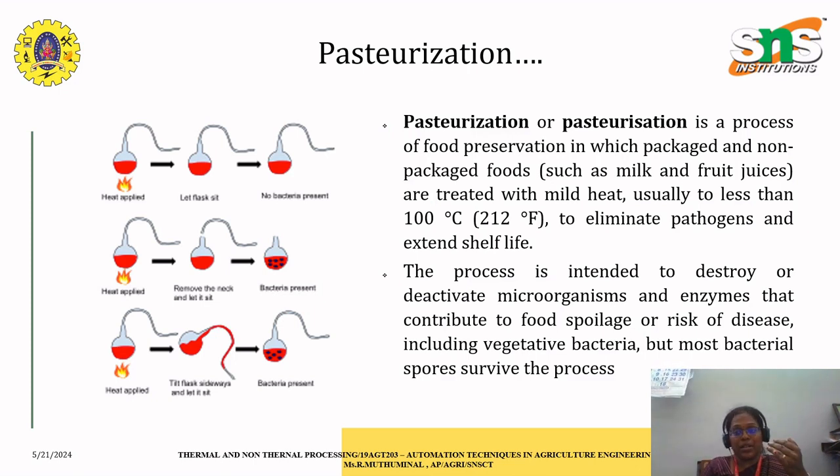This process is intended to destroy and deactivate the microorganisms and enzymes that contribute to food spoilage or the risk of disease. This will also include the vegetative bacteria and the bacterial spores that survive the process.